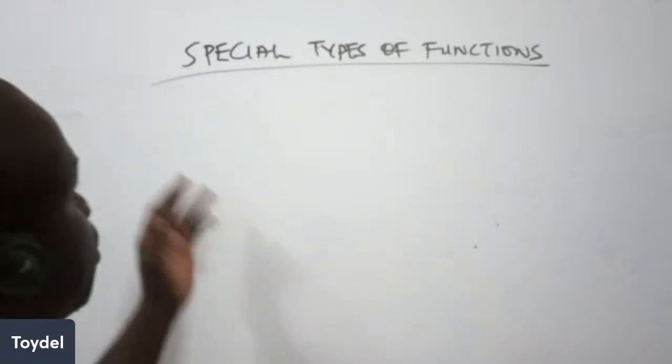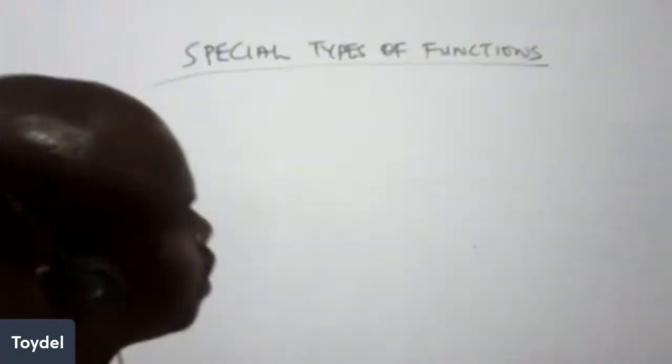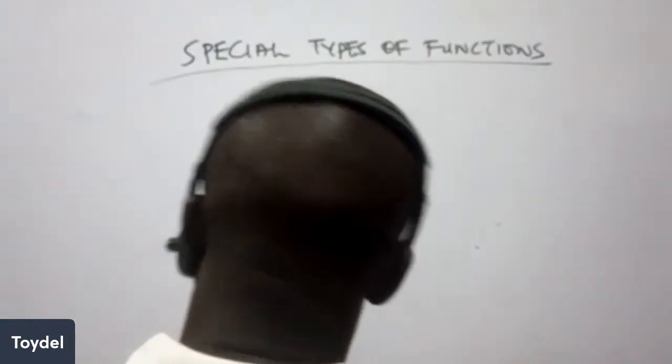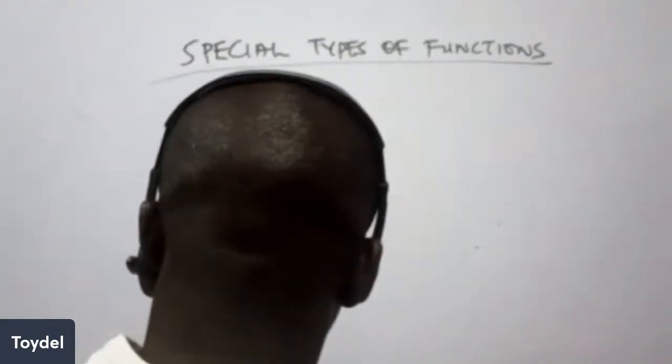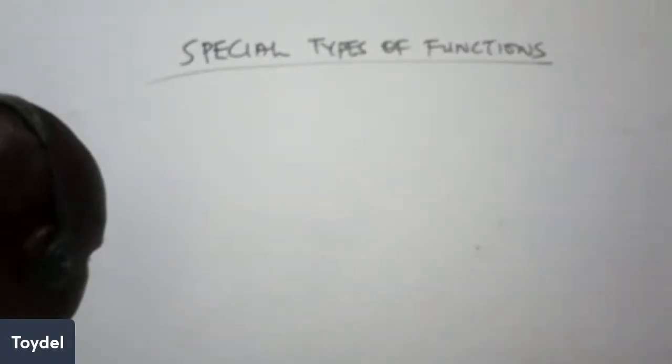So today we want to talk briefly on special types of functions. Of course, we know that a function is a relation in which every element is assigned uniquely.